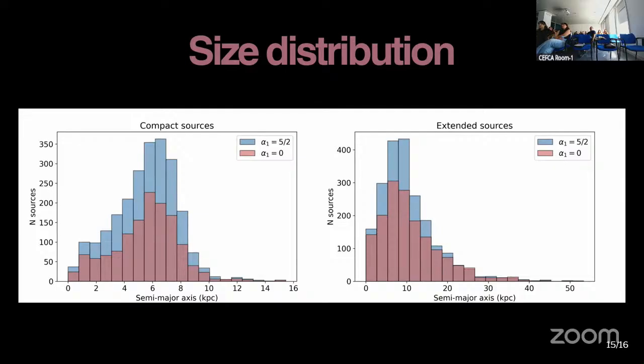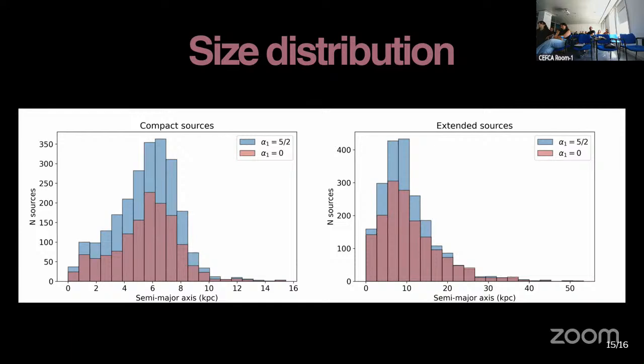Did you fit both prescriptions to all sources, or did you pre-select which ones you're going to fit with one? So we started with around 500,000 sources, but we could only fit the ones that have 3 frequencies, so that's around 10,000.